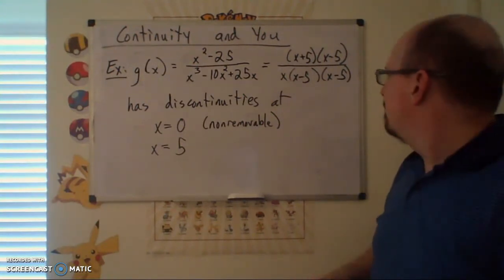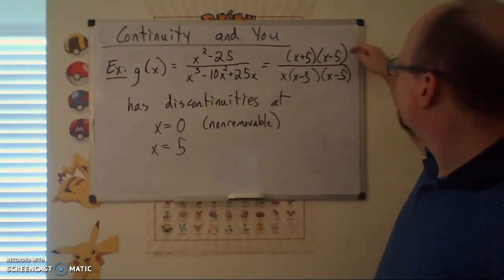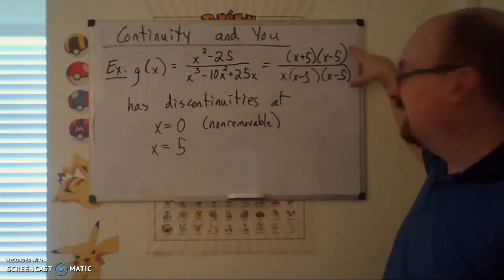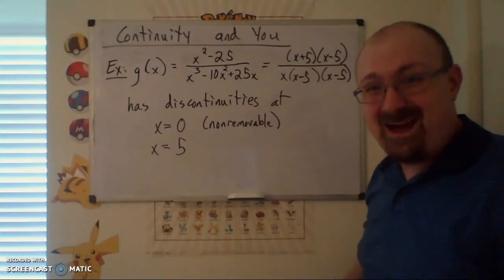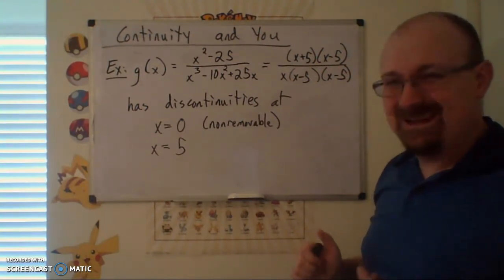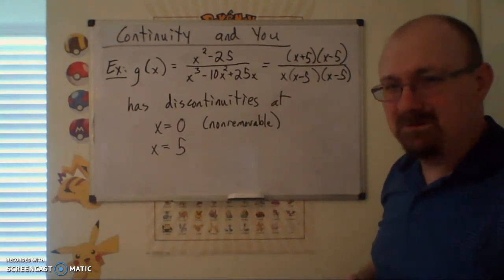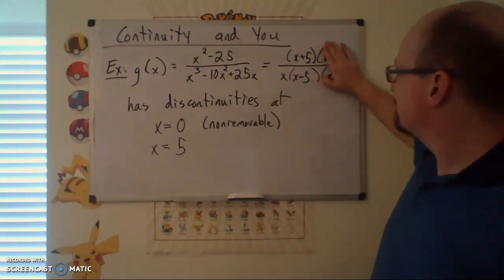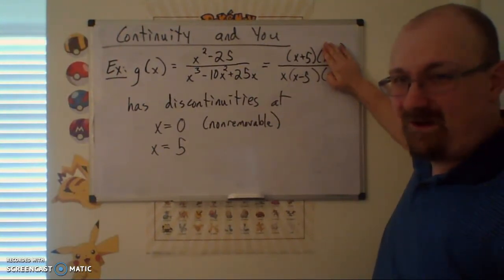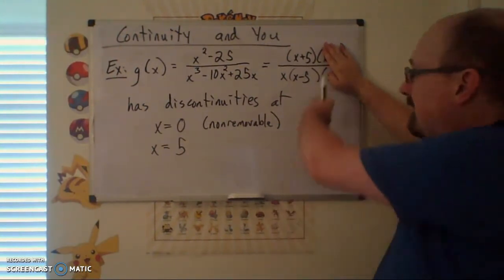Then we come in at x equals 5, and you may look at this and say, oh, well, if we were working out a limit, we can cross both of those guys out. Does that make it removable? You might think so, but there's kind of a problem. Even if you cover those guys up, if you plug in x equals 5, bad things happen.